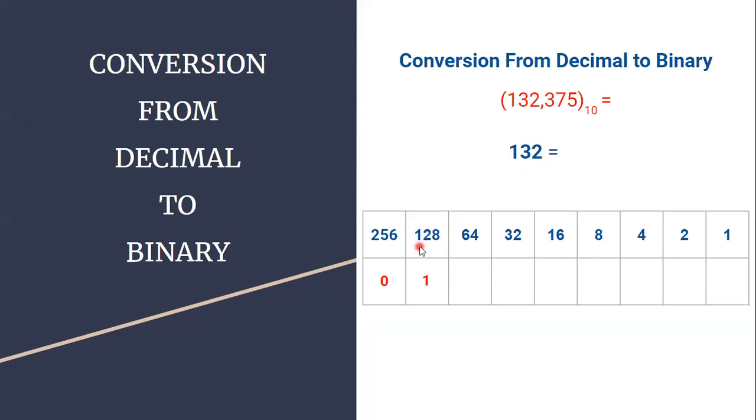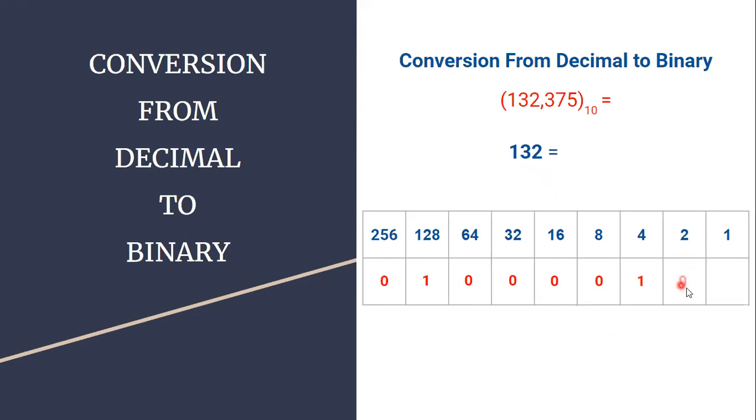In order to arrive from 128 to 132, I need four more. So I'm not going to use 64. I'm not going to use 32. I'm not going to use 16 or 8, but I'm going to use 4 because 128 plus 4 gives me 132.